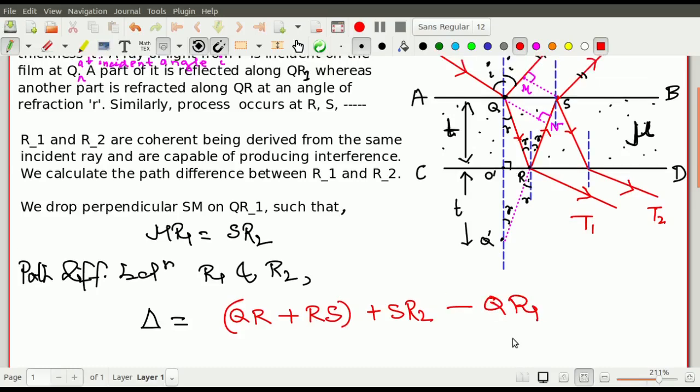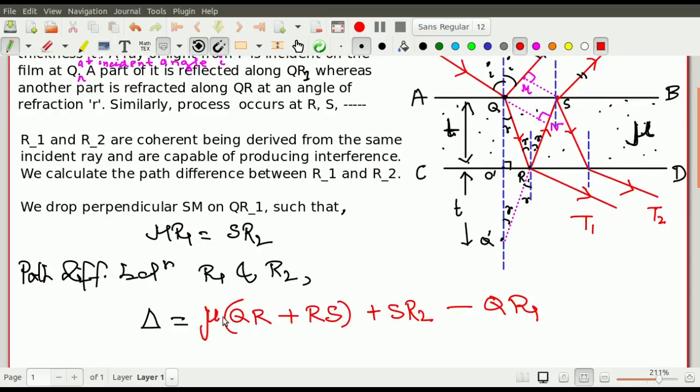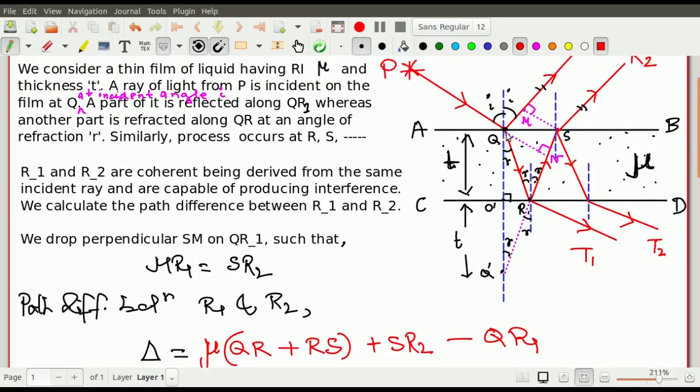But note that the first ray has traveled QR plus RS within a medium of refractive index mu. As you learned a little while ago, the summation of mu times x. This path QR plus RS has been traversed in a medium of refractive index mu.